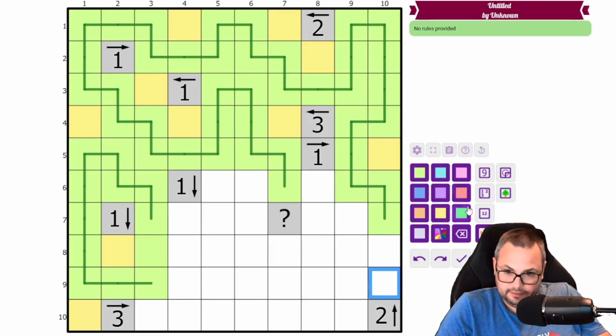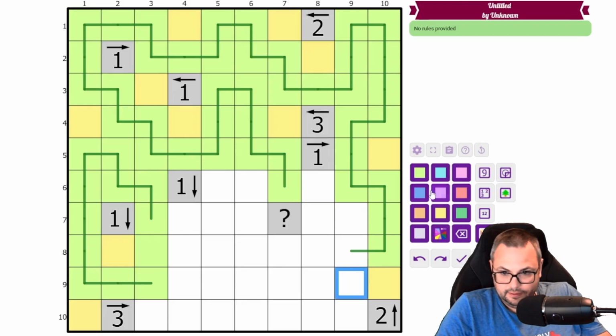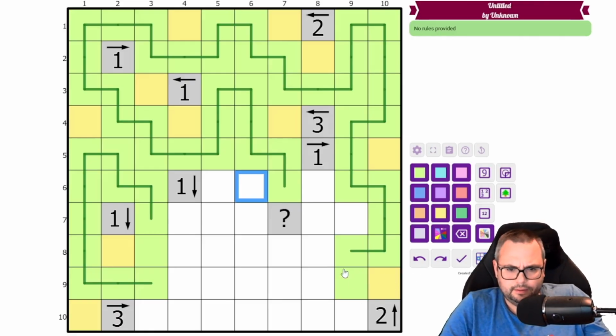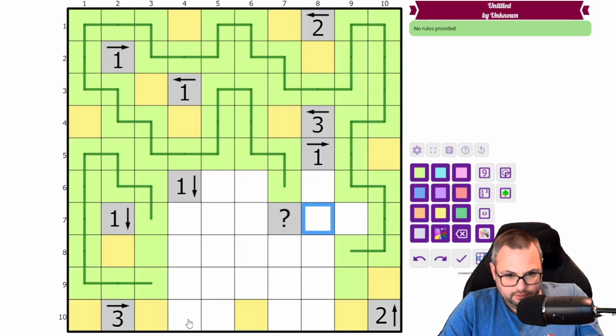And again, I like that the theme here seems to be hit pretty strongly about not creating dead ends. Okay, this 3 is forced.